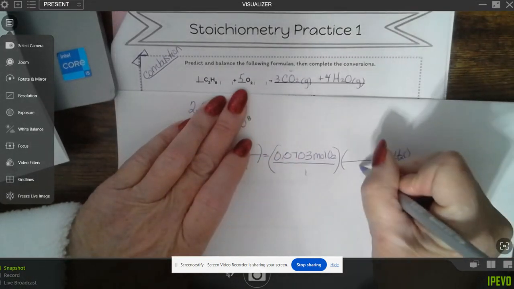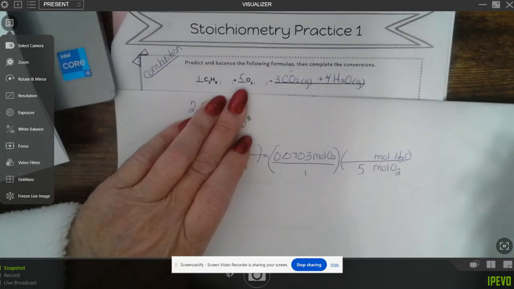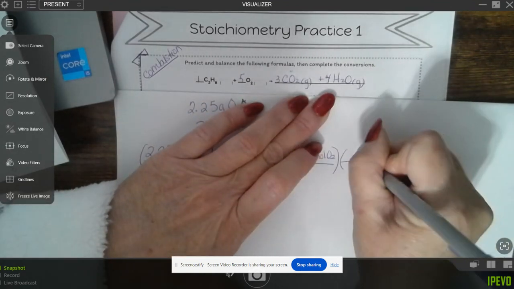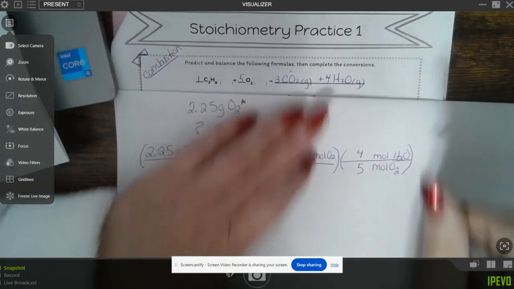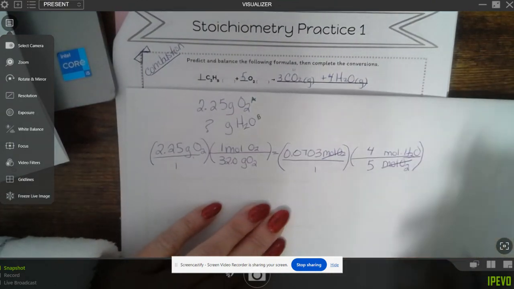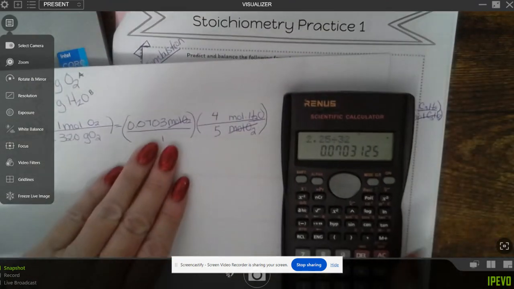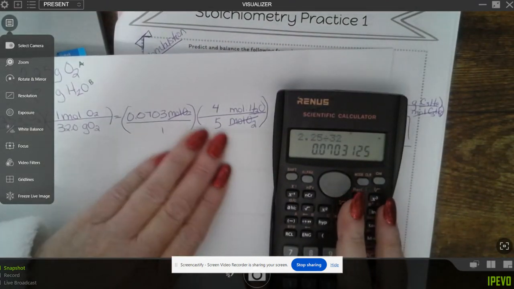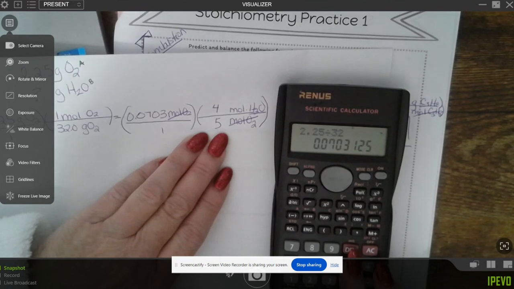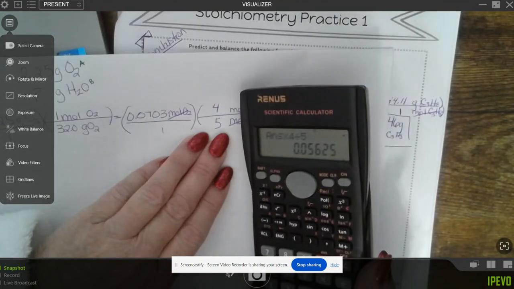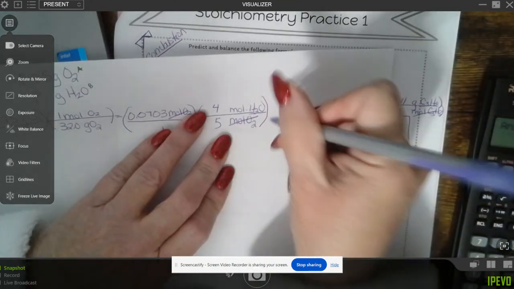All right, so now we're going to look up here at our chemical reaction. Moles of O2, the coefficient is 5. Moles of H2O, the coefficient is 4. Moles of O2 cancels out. So I left my number in my calculator, so I can do times 4 divided by 5 equals 0.05625.